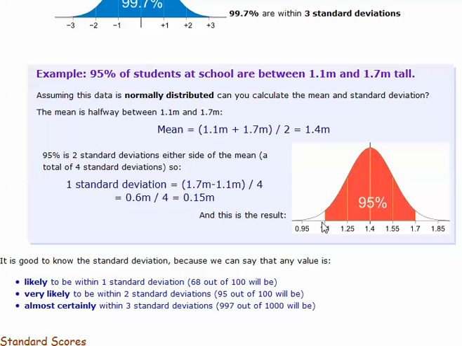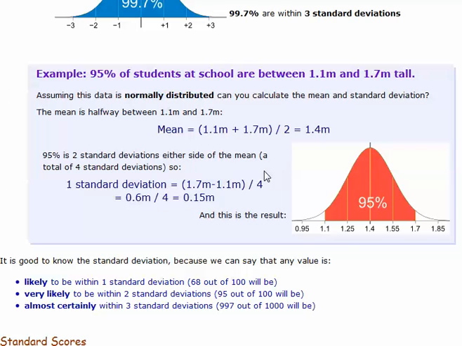So the mean is going to be halfway between these values, between 1.1 and 1.7. If you take the mean, then you get 1.4 meters. So the center of your normal distribution will be at 1.4 meters. Now, as I said, 95% is 2 standard deviations either side of the mean.